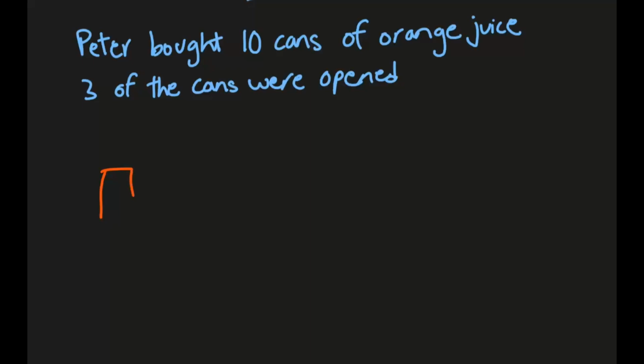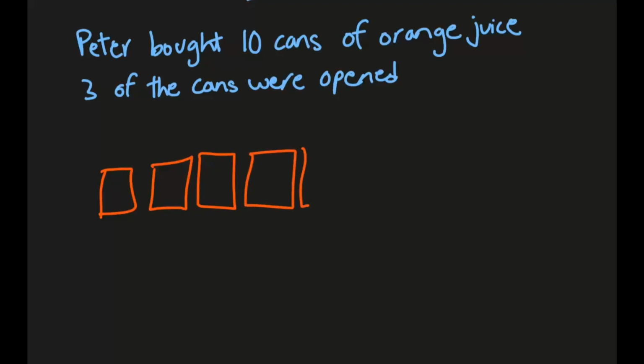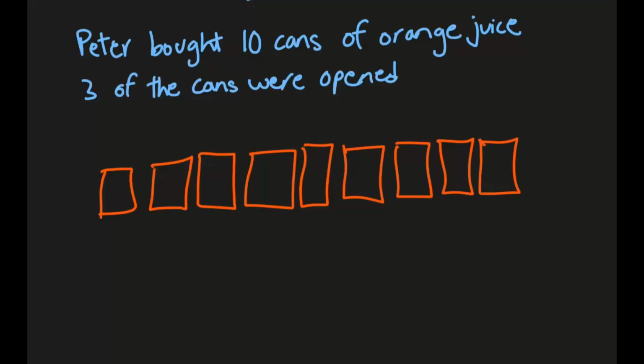So we have 1, 2, 3, 4, 5, 6, 7, 8, 9, and 10. Now we have 10 cans of orange juice.